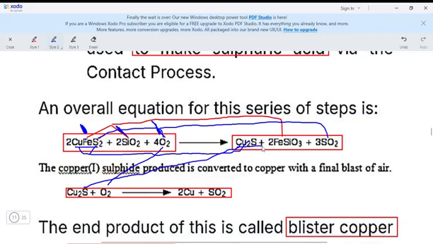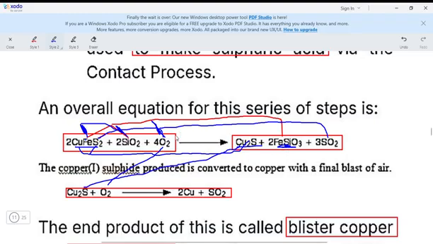Copper 1 sulfide, meaning that iron has been removed. It is the iron that will later mix with the silica, that silicon oxide, to form iron trioxosilicate, which is called slag, the one that will be melted and then removed as slag.